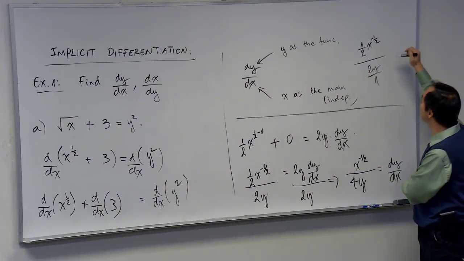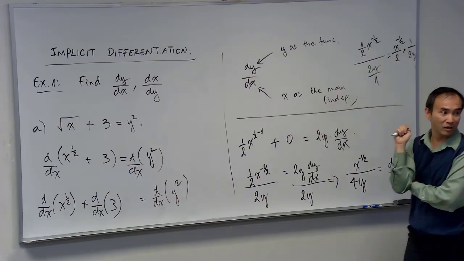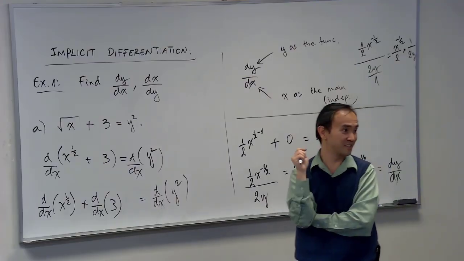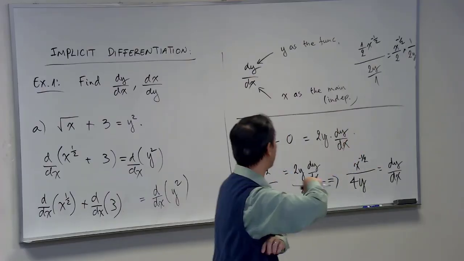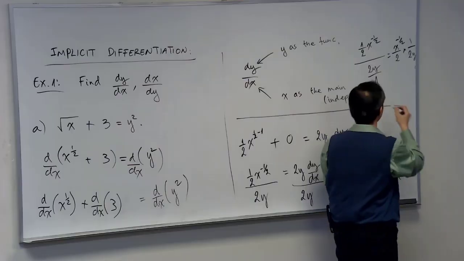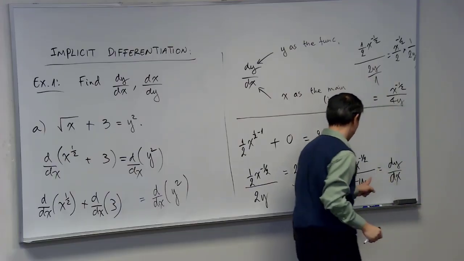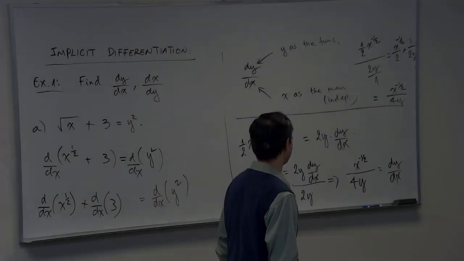So that means we're making it x to the negative 1/2 over 2, times 1 over 2y. We take the reciprocal of that 2y. Multiplying those two fractions together, we end up with x to the negative 1/2 all over 4y. That's how I ended up with that.